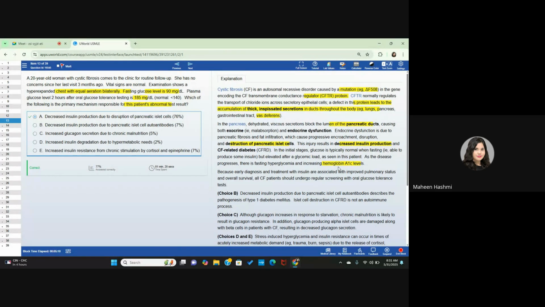Okay, what is the treatment of cystic fibrosis? How do you treat it? It's actually multifactorial. We can do chest physiotherapy, antibiotics, and pancreatic enzymes like Creon. Very good. You can also give certain CFTR modulators, but they will not ask you on Step 1 about that.